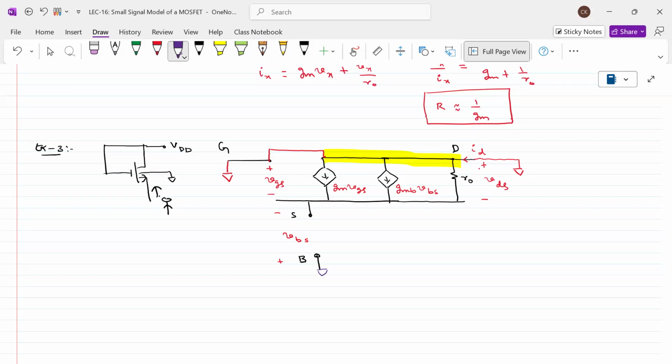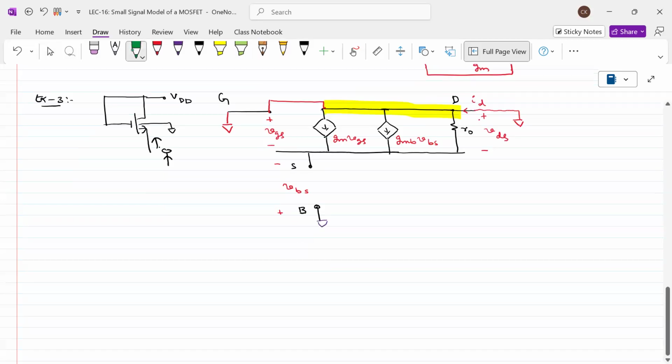Same thing we could do here also. Keep a source here, plus or minus here. This is called Vx. What is the current flowing here? Ix.